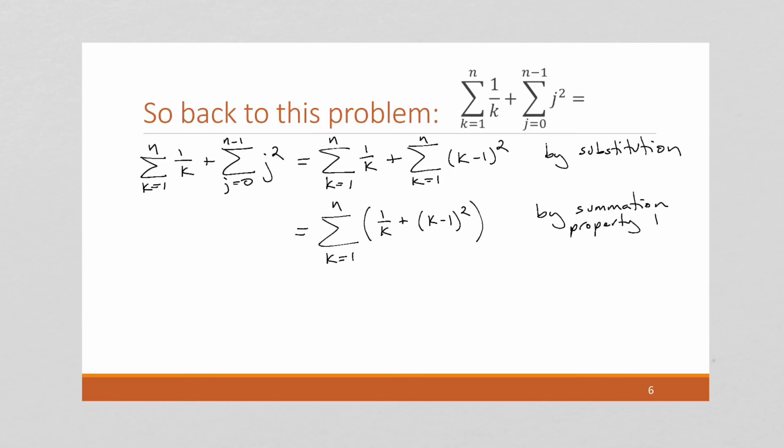Okay, and we're done. We could simplify this further if we wanted and expand that, but I'm not sure that's actually simplifying it. That's just expanding. So I'm going to stop here. So the result of adding these two sums together is going to be this.